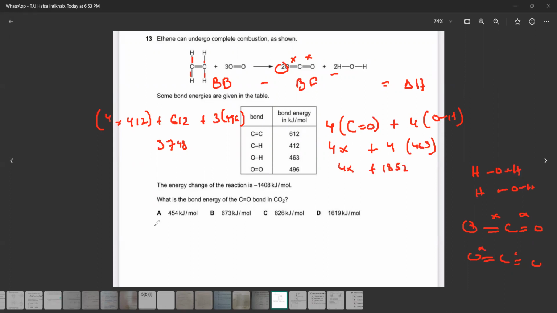And we have the formula: the bond breaking energy minus the bond forming energy is equal to the enthalpy change. The bond breaking energy 3748 minus the bond forming energy, which is 4x plus 1852, is equal to negative 1408.